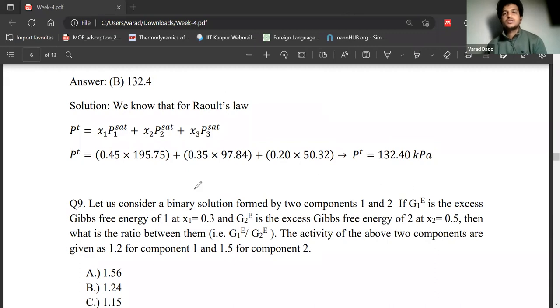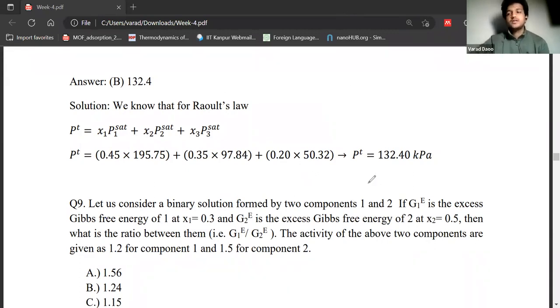This is the question on excess properties. Let us consider a binary solution formed by two components, component 1 and component 2. G1E is the excess Gibbs free energy of component 1 at x1 equal to 0.3, and G2E is the excess Gibbs free energy of component 2 at x2 equal to 0.6 or 0.5.